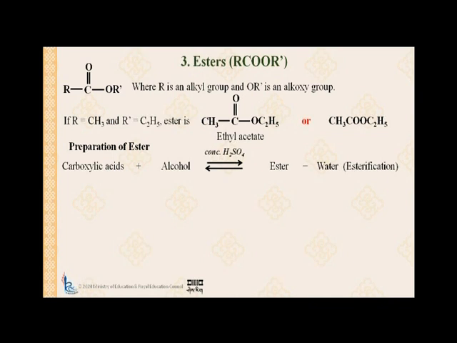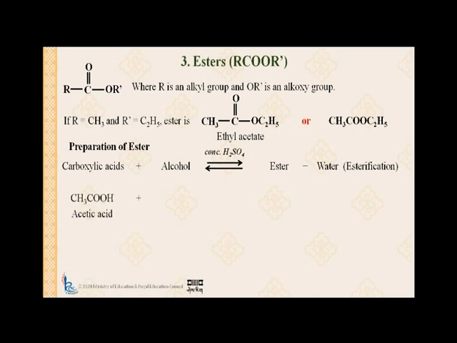Since this reaction produces esters along with water, the general name of the reaction is esterification reaction. If you look at the reaction there, you can see a double-headed arrow which indicates that this reaction is highly reversible. So whatever ester and water are produced, these two will react and give back the reactants.